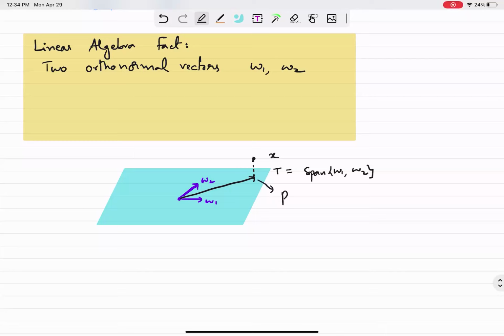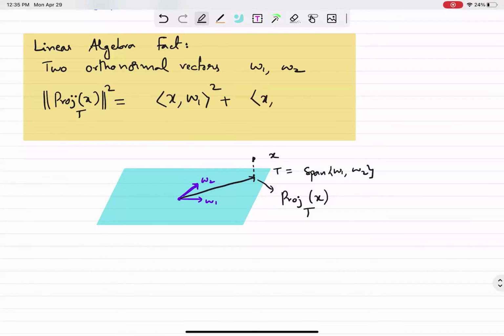And this is the projection of X onto T. The claim is that the length of the projection of X onto T squared is exactly this much. Okay. Why is this true?